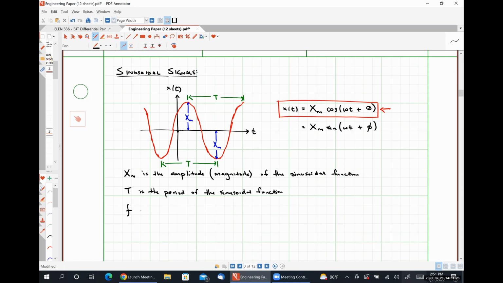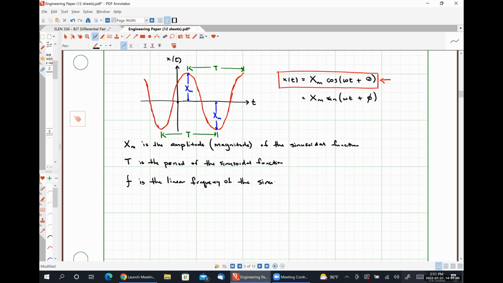F is the linear frequency of the sinusoid, and mathematically F is equal to 1 over the period, okay? So if T is the period of the sinusoidal function, or how long it takes one cycle to occur, measured in seconds, then F is a measure of how many cycles per second occur.